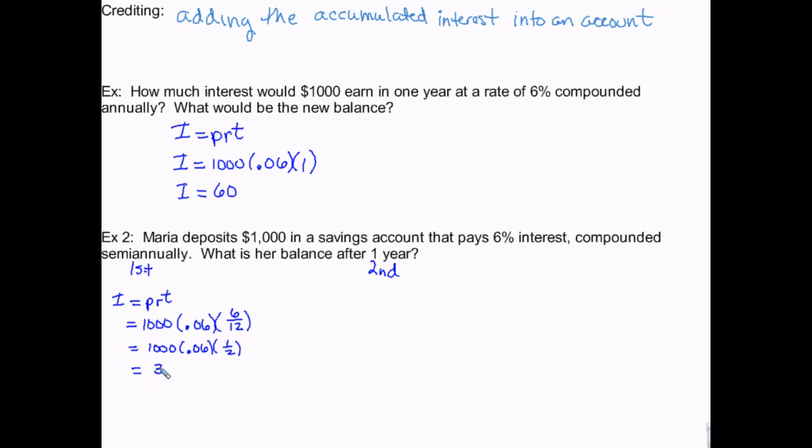So she's going to earn $30 in the first 6 months. And the balance at that point would be $1030.